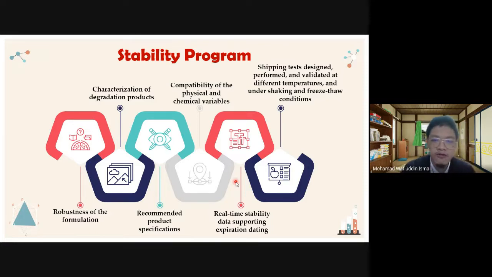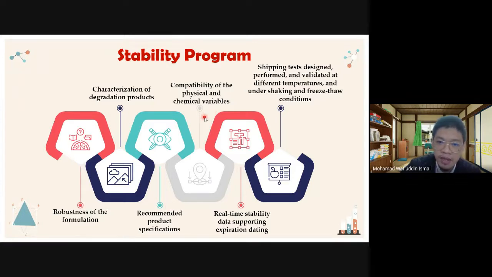So this kind of stability program must be included and taken note of before we take our product forward. We must look at the robustness of the formulation, characterization of the degradation product, recommended product specification, what type of specification is needed, the shelf life, the place where they want to store the drugs, and so on.